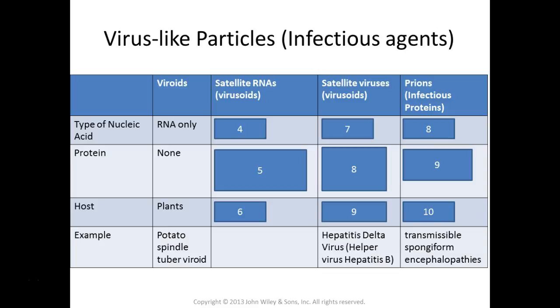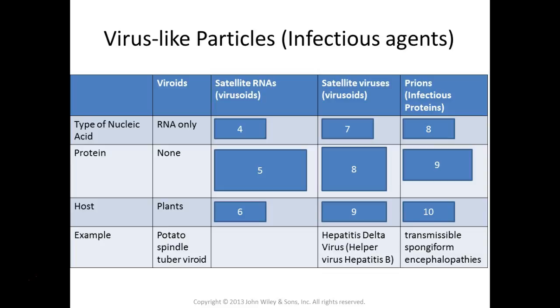Formerly known as viroids, now divided into two groups, satellite RNAs and satellite viruses. We're going to keep this in general terms because this is even relatively new to me, and I've been trying to do some research on it. I haven't had time to really get all the answers to all the questions that even I have, right?